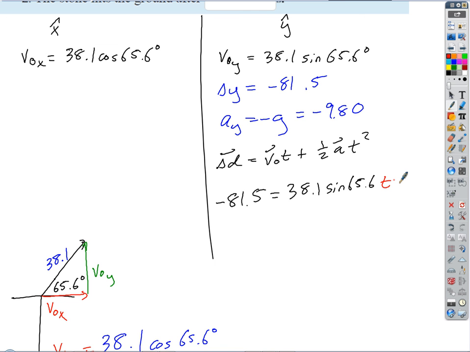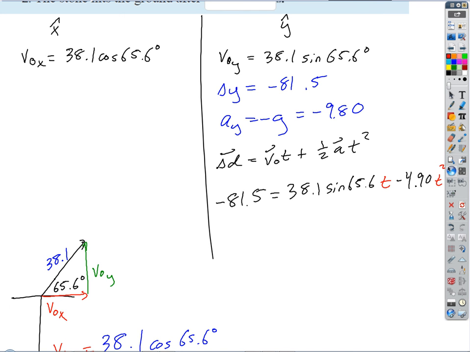Well, 1/2 times A is negative 9.8. We could just write that as minus 4.90 t squared, right? And that's just a calculator problem, isn't it? Right? We can solve that any way we want to.